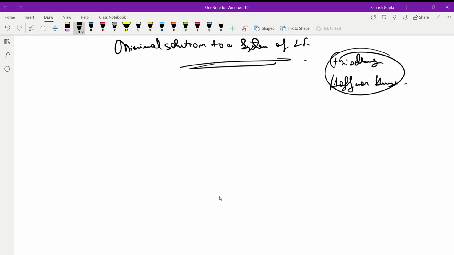The only thing which we prove first to get into the concepts of minimal solution is this. Let me give it precisely as a lemma.